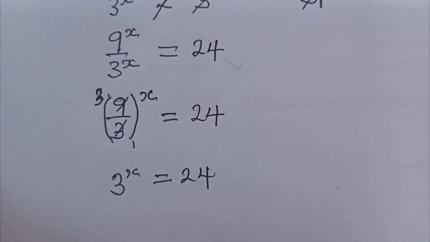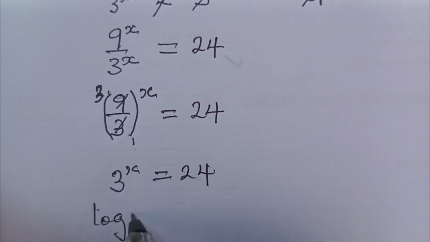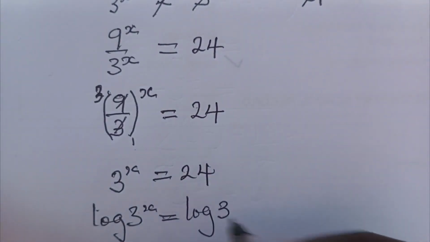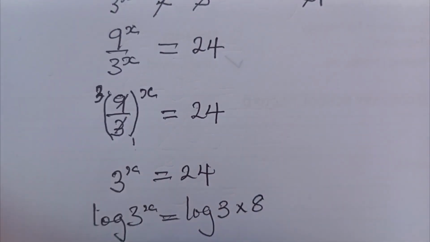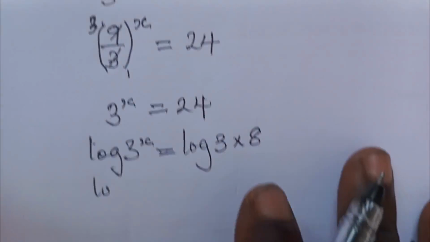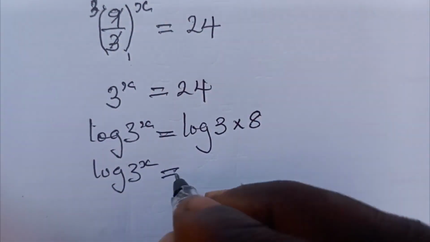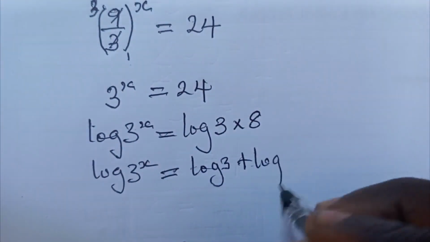So what we do here is apply log to both sides. Log 3^x equals, we can break this down to be log of 3 times 8. So we can easily have log 3^x equals log 3 plus log 8.